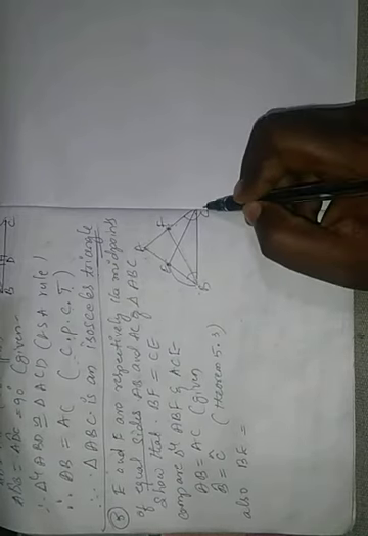Also, sorry children, here it is angle A is equal to angle A, because this angle A is common to both the triangles.